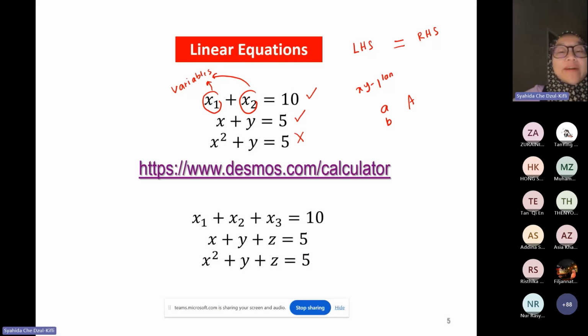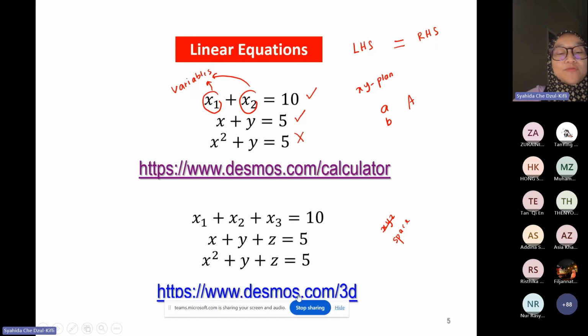Since it has three variables, we are going to see its graph in xyz space, not a plane anymore. So we are going to look at the graph for these three equations in space, or in three dimensions, again using Desmos for 3D.